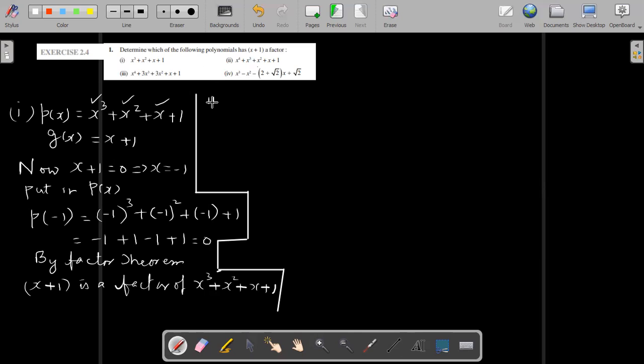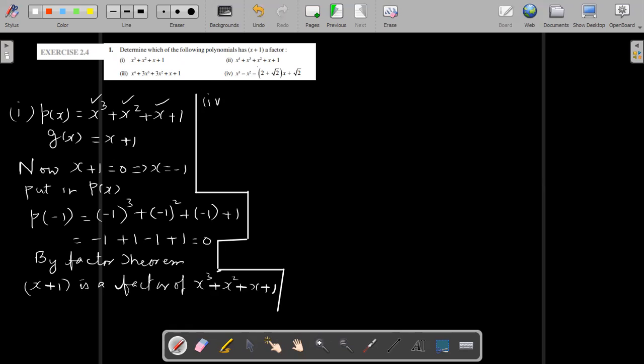Second question is also the same. Third is also the same. Only the fourth we could take actually, because the fourth is having a root. Okay, so I will take question number 4.